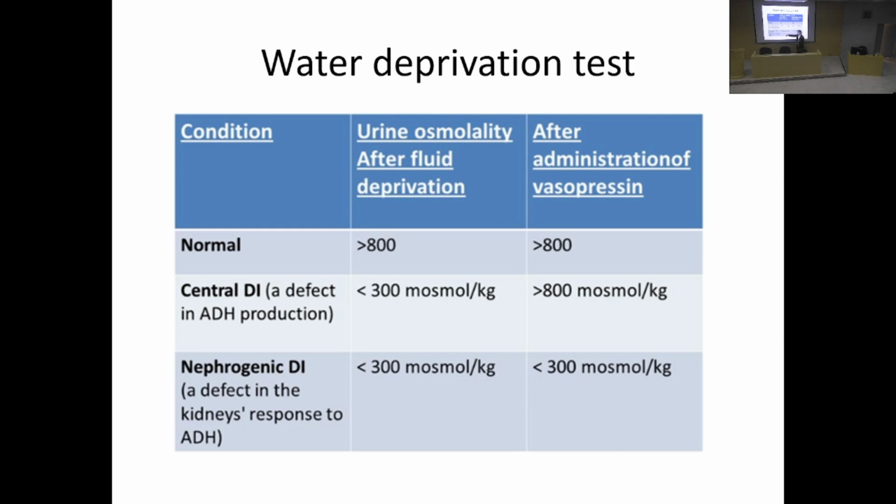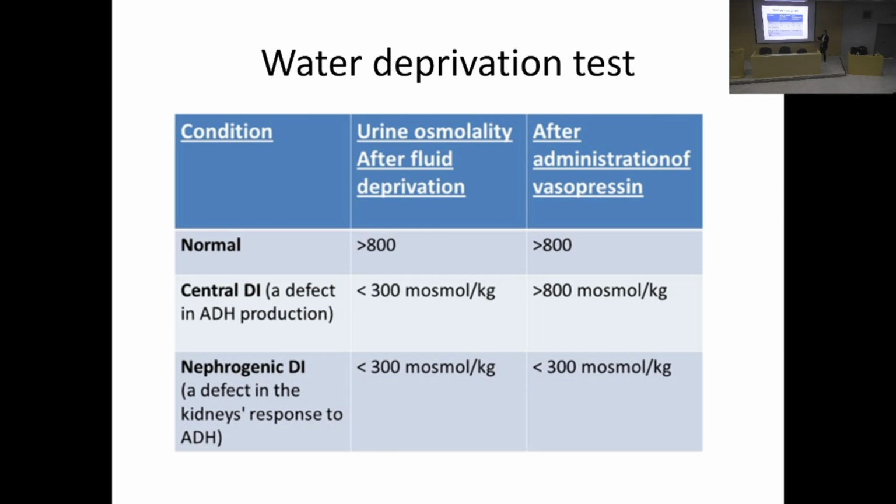How I can differentiate is by administering synthetic ADH after the water deprivation and after seeing that urine osmolality is low. I inject ADH and then I reassess after some time. If it normalizes, if it becomes concentrated, then I know that this patient has central diabetes insipidus. Central means it is just not producing enough ADH. And when I gave them this ADH, it started concentrating urine normally.